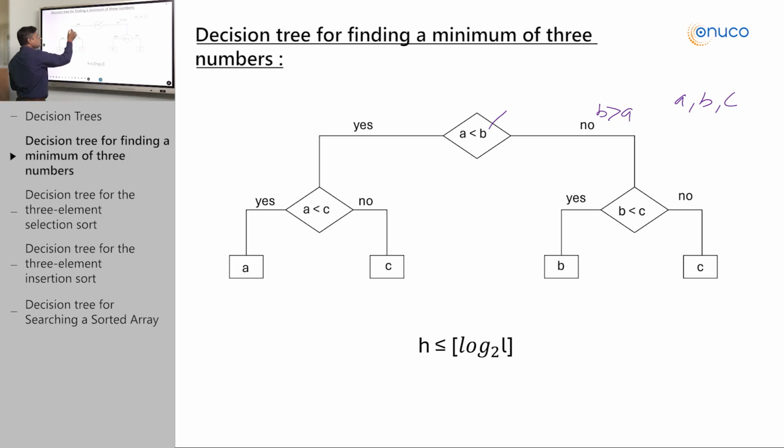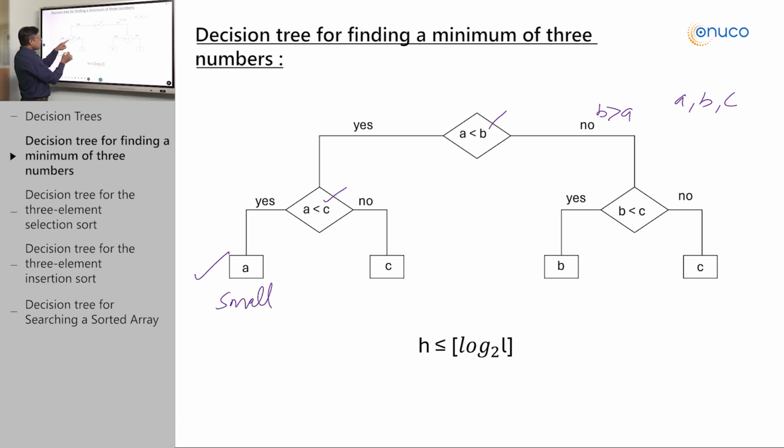If it is true, we come in this direction, and again you check whether A is lesser than C. Here you are saying A is less than B, and here A is lesser than C. So A is lesser than B and also lesser than C, so A is the smallest in this case.